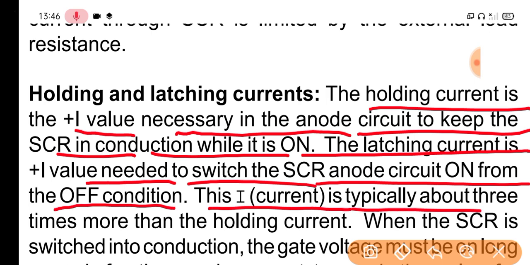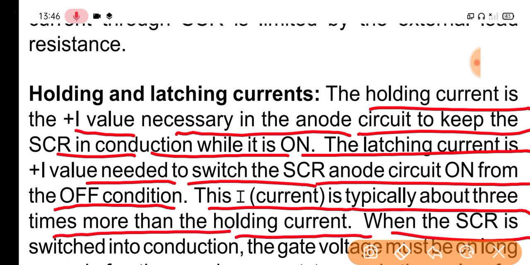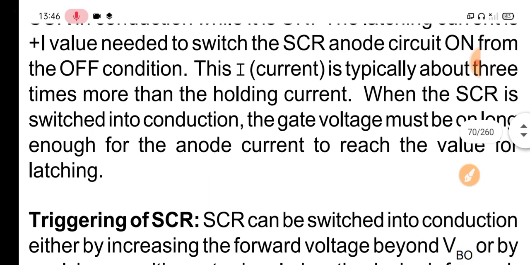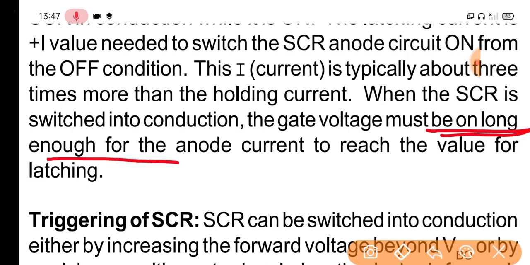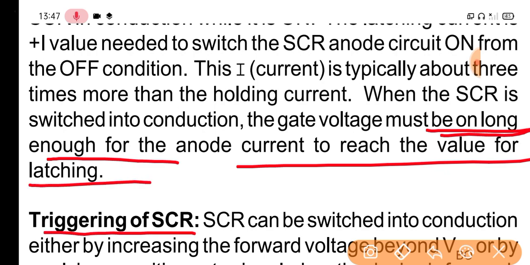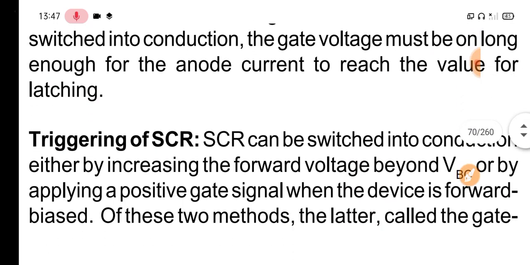This is typically about 3 times more than the holding current. When the SCR is switched into conduction, the gate voltage must be on long enough for the anode current to reach the value of latching current.